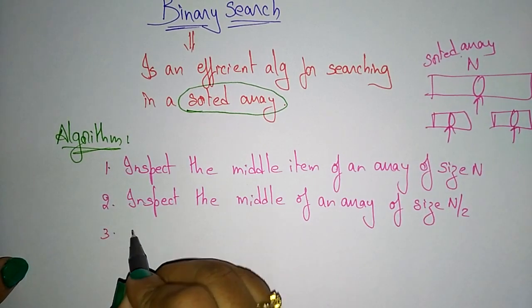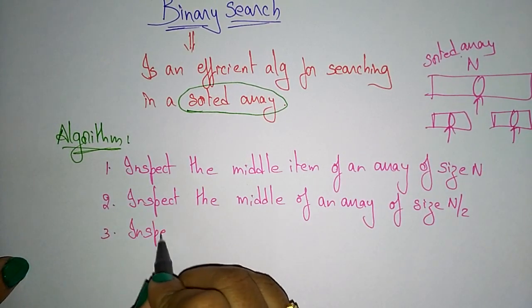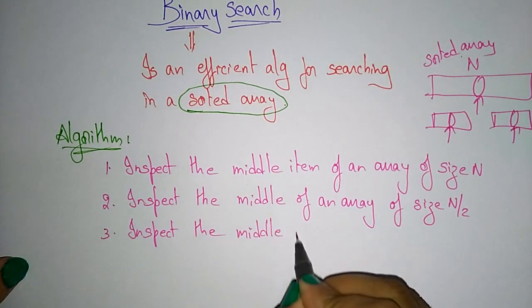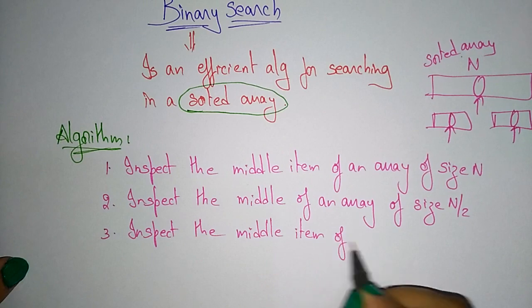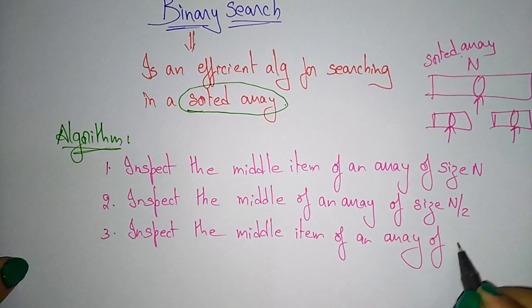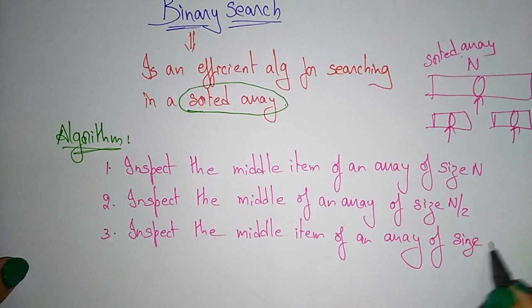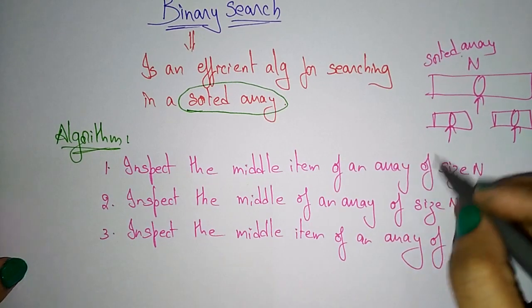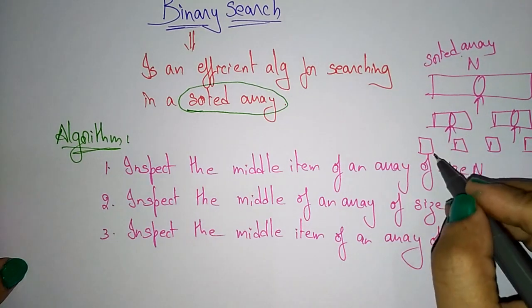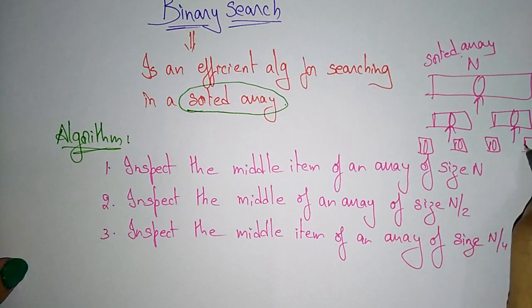And the third, again inspect the middle item of an array of size n by 4. Next is the n by 4, meaning again dividing into sub problems like that. So in that you have to find out the middle item.